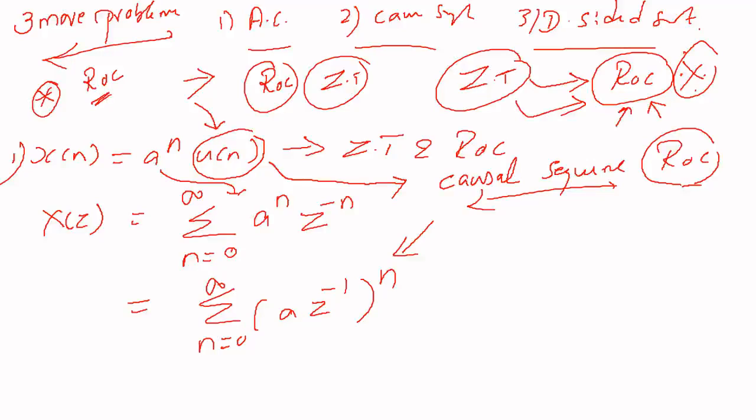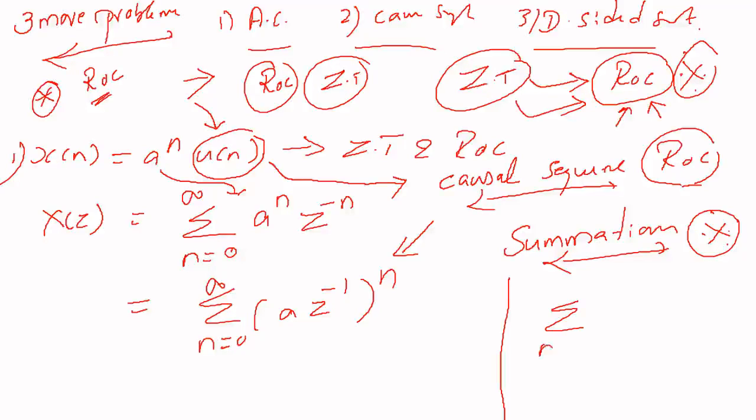Now what is this? This is nothing but an infinite summation series. You must have studied it at school level or in lower semesters. You should memorize this summation series, otherwise it will be very hard to do the problems, right? So the summation series formula: summation of n equal to 0 to infinite a power n is nothing but 1 by 1 minus a.